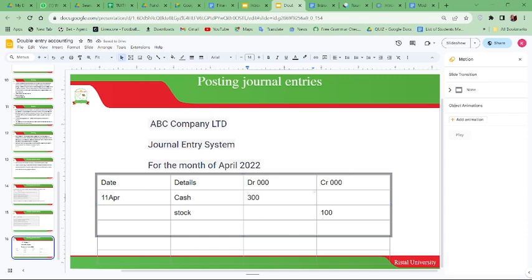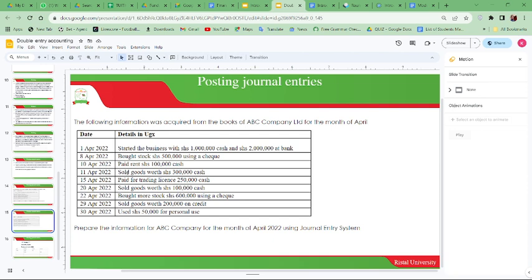Then our stock is the one losing, which is 300,000. Then you write the details, your description. Under your description, you will say sold goods by cash.